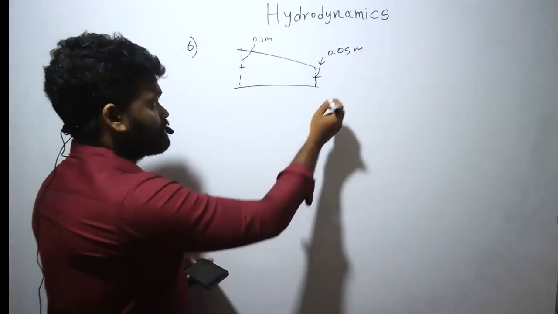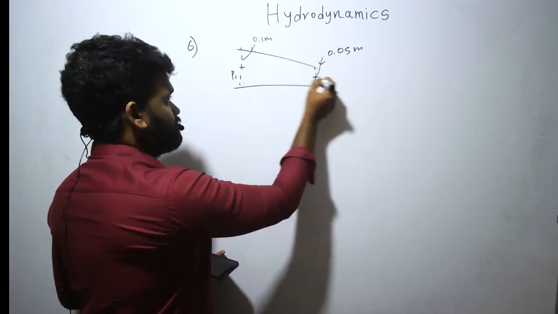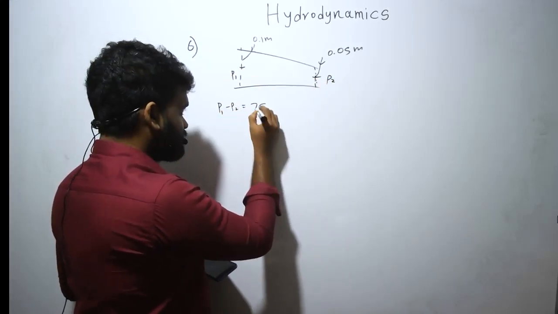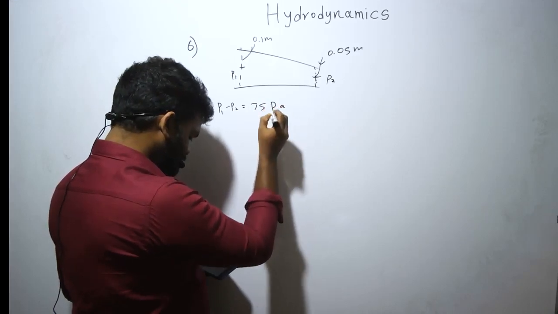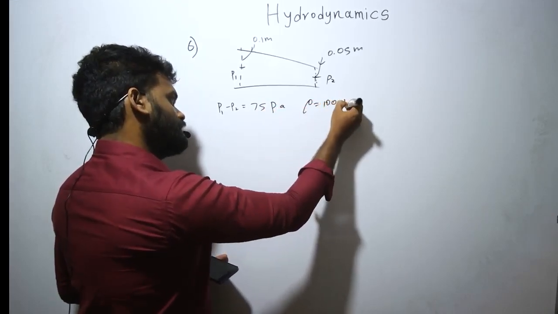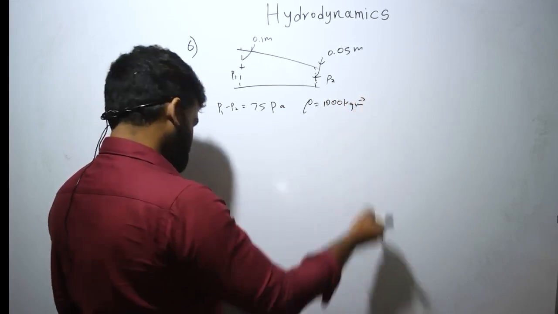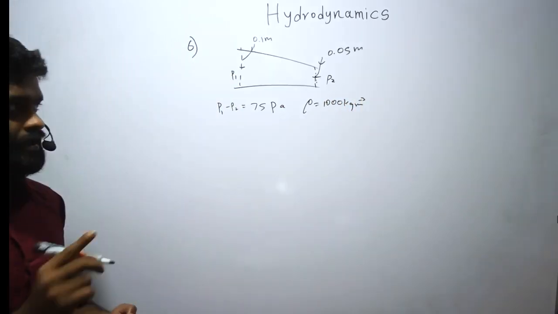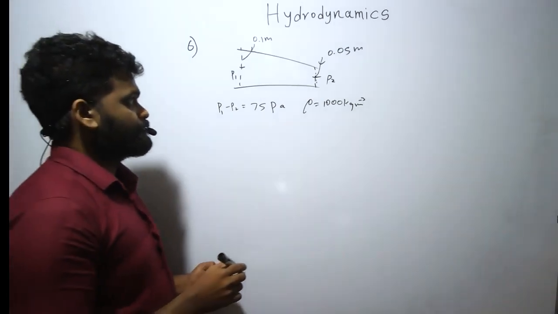Pressure difference, so let's say here P1, P2, is 75 Pascal. If the density through the pipe is 1000 kilograms per cubic meter, the volume flow rate is, so they are asking for AV, right?